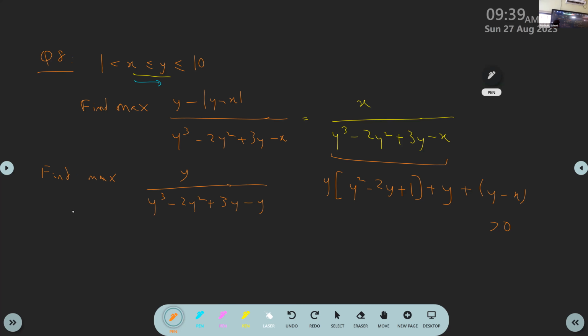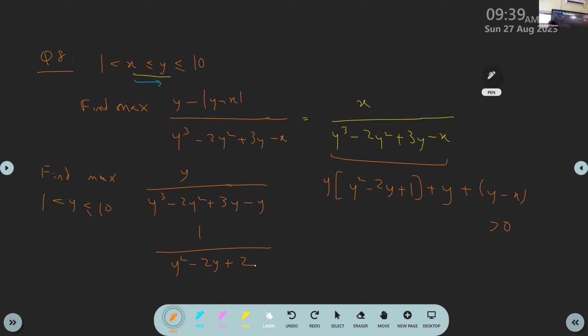And y has the same restrictions as before, that y can be from 1 to 10. And now, y cancels out, and again what we get is this.